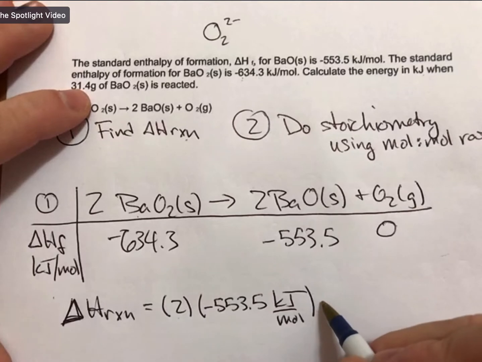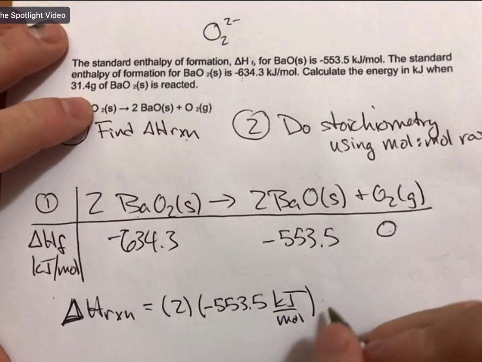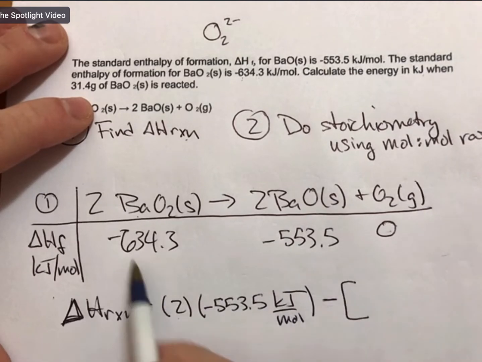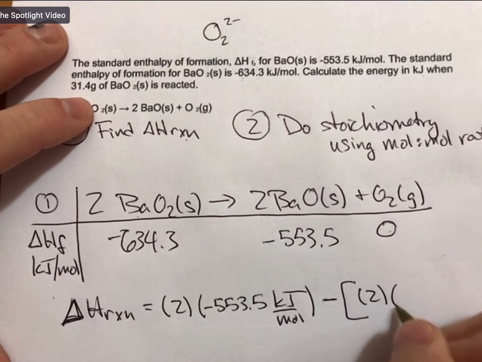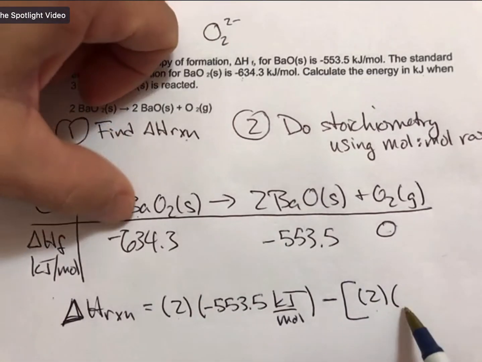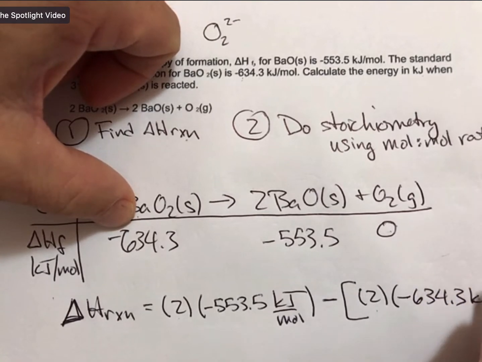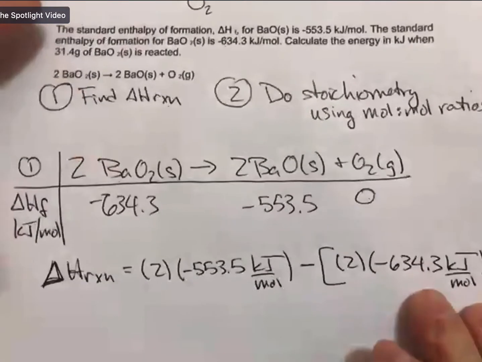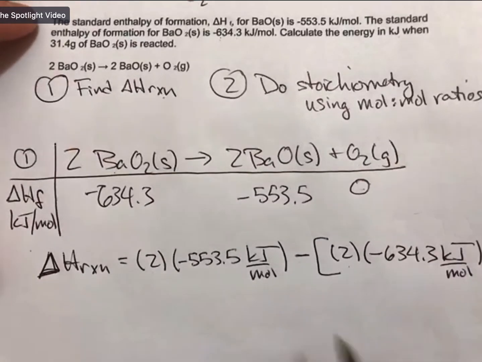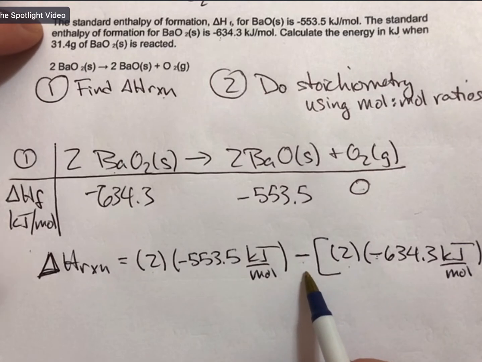We should add plus 1 times 0, but since that's just 0, now minus reactants times coefficients. Now minus 634.3. Very important to be good with your order of operations, with your minus signs, and then, of course, canceling out 2 minus signs to make a positive.